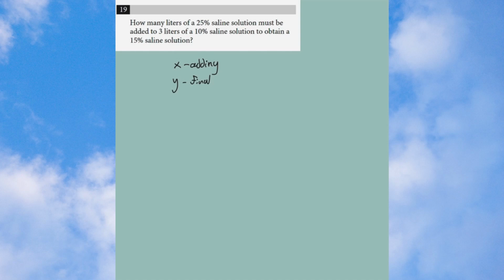So here we go. We have our first equation, which will be x plus 3 is equal to y, because we're adding x liters and we already have 3 and we want y. And then we're going to have 0.25x, because it's the saline solution for the x, plus 3 liters times 0.10 is equal to 0.15 times y, since y is the final amount of liters we want.